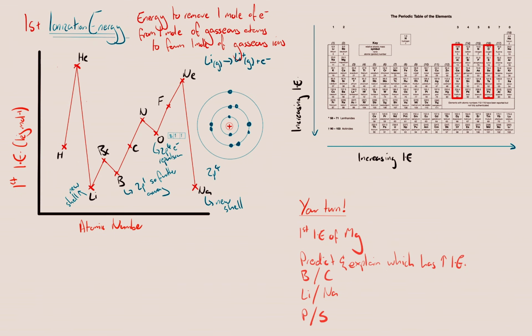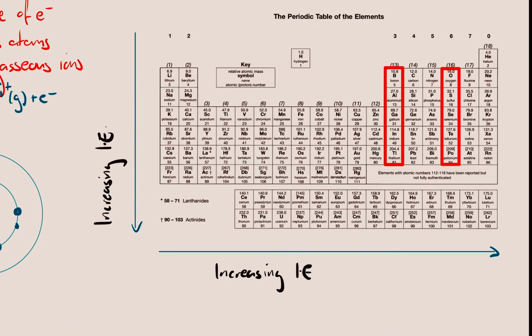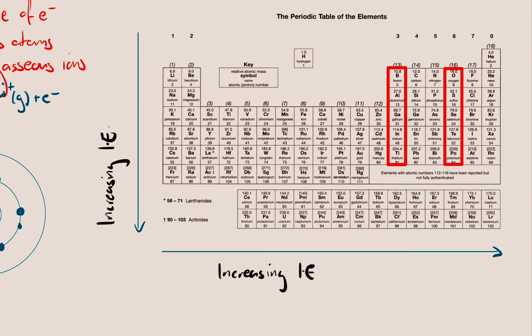Perfect. Now, we've got general patterns across the periodic table as well. Here, we've got decreasing ionization energy. Actually, let's just change the arrow. There, very simply, as we move down the group, we're starting off with small atoms and they're getting bigger and bigger and bigger.